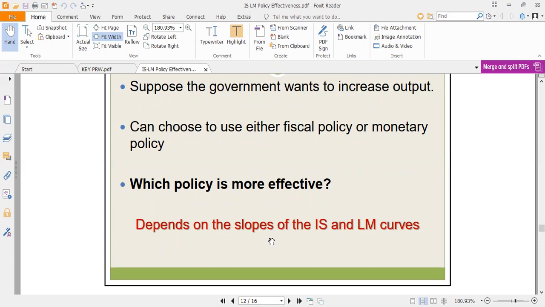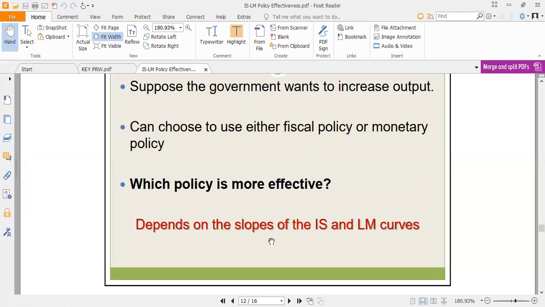So even after the increase in government spending, there will be an increase in interest rate, but the fall in investment will be very small because investment doesn't really respond to changes in interest rate. But in the case where investment is interest sensitive or interest elastic, it will make the IS curve flatter.